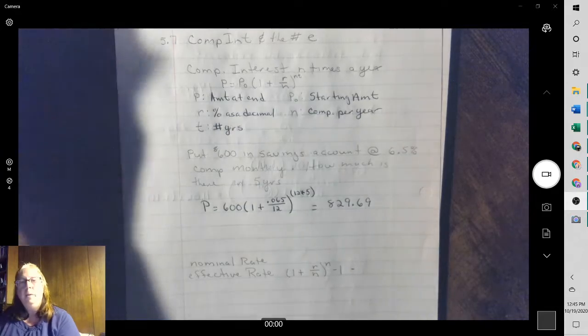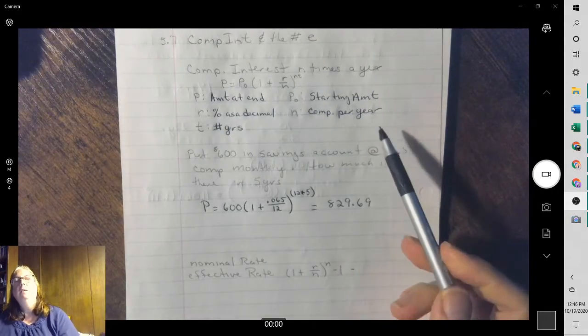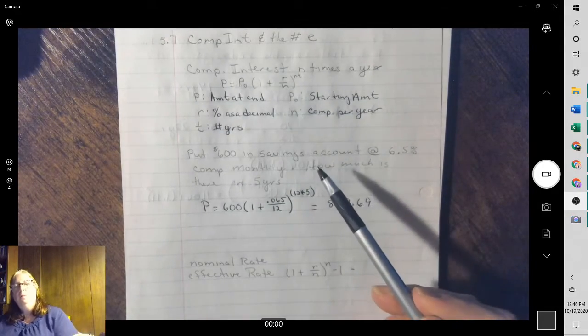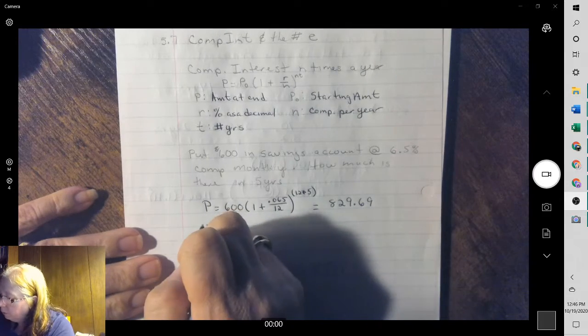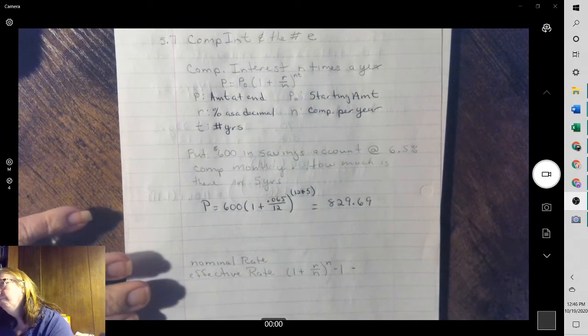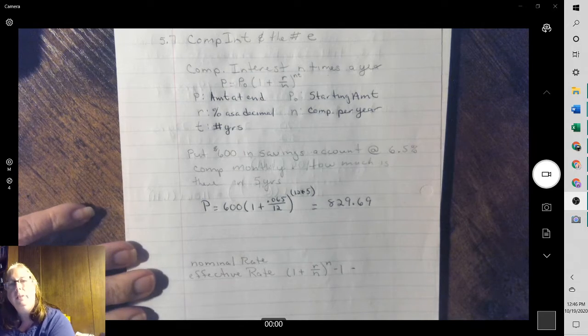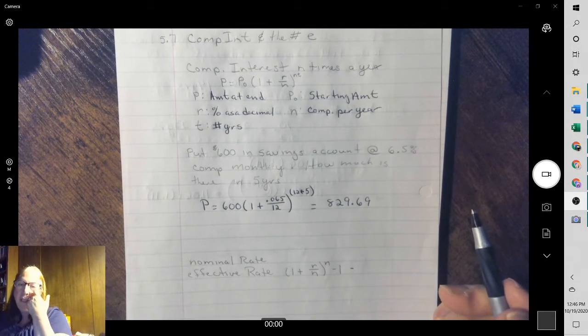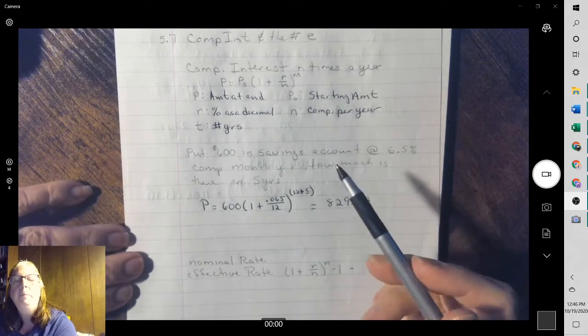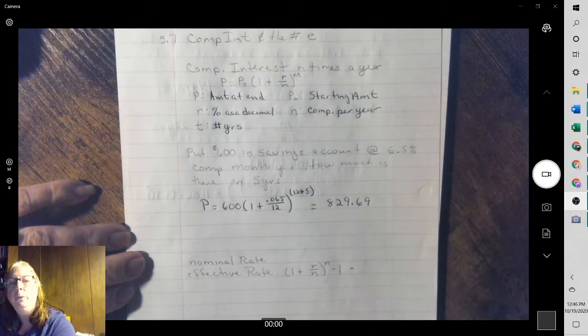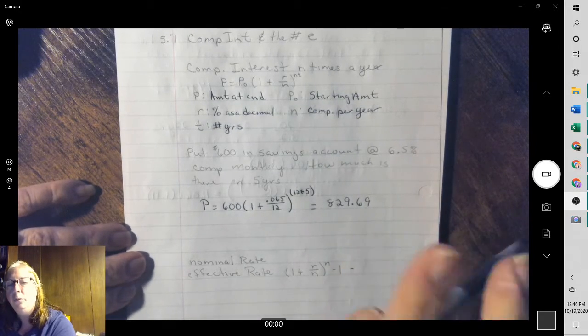So if it's compounded monthly, that would be 12, quarterly would be 4, semi-annually would be twice a year, but quarterly, monthly, and yearly are the most common. Monthly's 12, quarterly is 4, semi-annual twice.